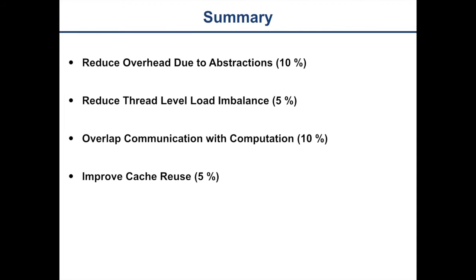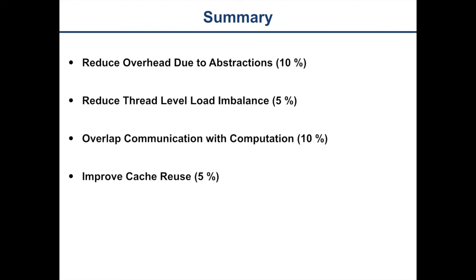In summary, with the help of HPCToolkit and hardware performance counters, we were able to identify 4 optimizations which helped us to improve performance of DRTM by around 30%. Reducing overhead cost due to unnecessary abstractions helped us to improve performance by around 10%.